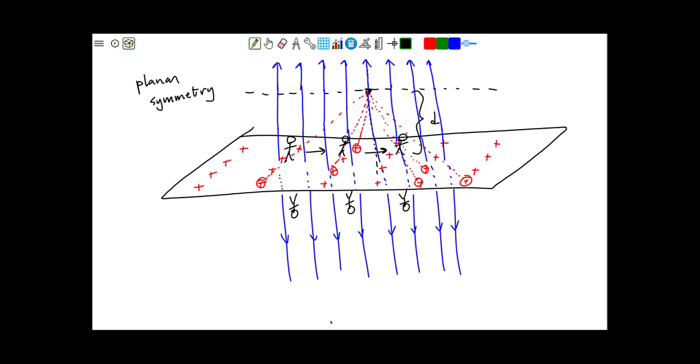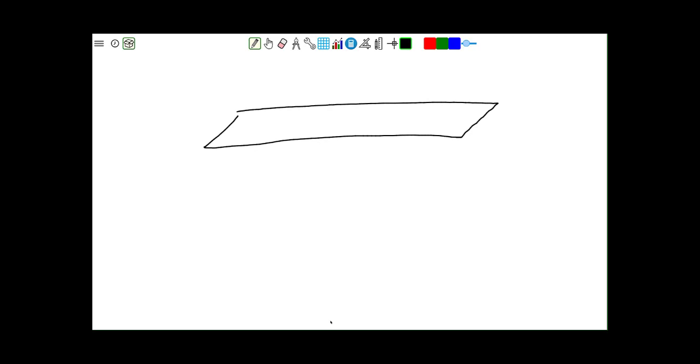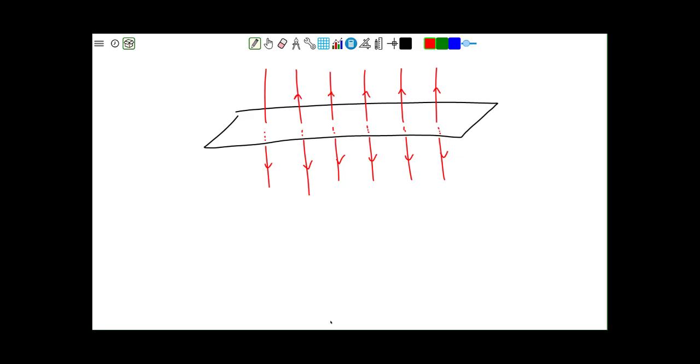So another way of visualizing planar symmetry is to look at a Gaussian box. So let's draw our plane again. We'll draw electric field lines on top of the plane and electric field lines below the plane. This is going to sound weird, but let's take a cylindrical box.